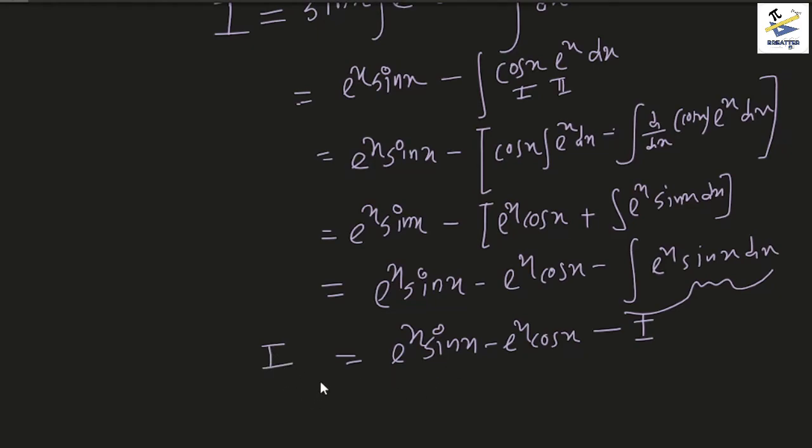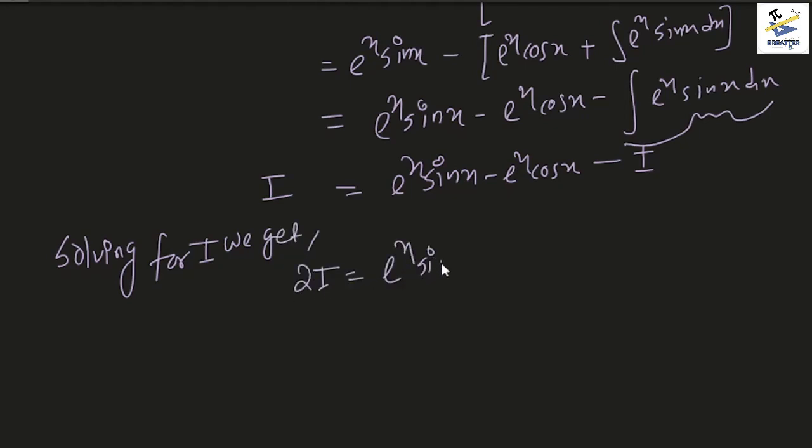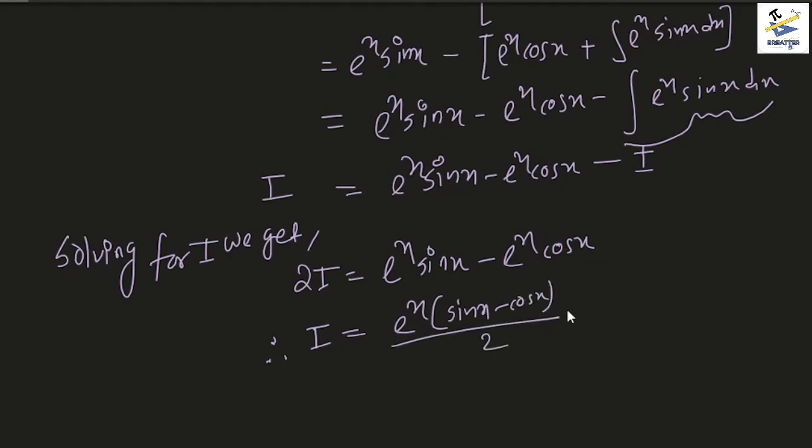So solving for I, we get 2I equals e to the power x sin x minus e to the power x cos x. Therefore I is equal to e to the power x, whole into sin x minus cos x, by 2, and obviously there is a plus C, which is the answer.